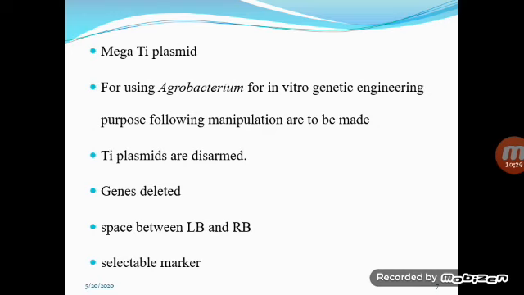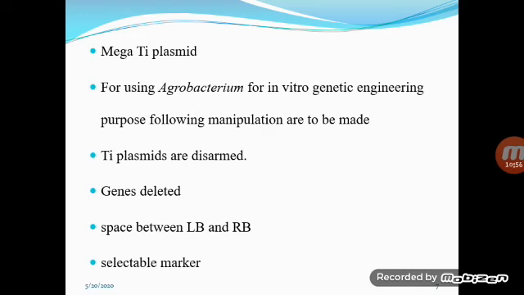For using Agrobacterium for in vitro genetic engineering purpose, the following manipulations are to be made. Ti plasmids are disarmed, removing some kind of genes which are not required.